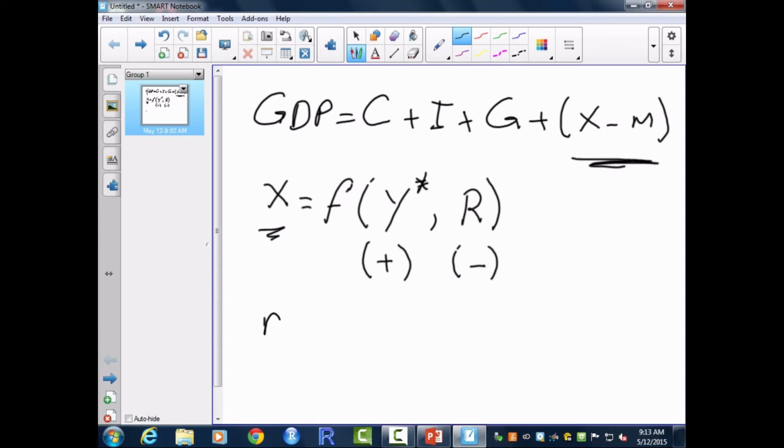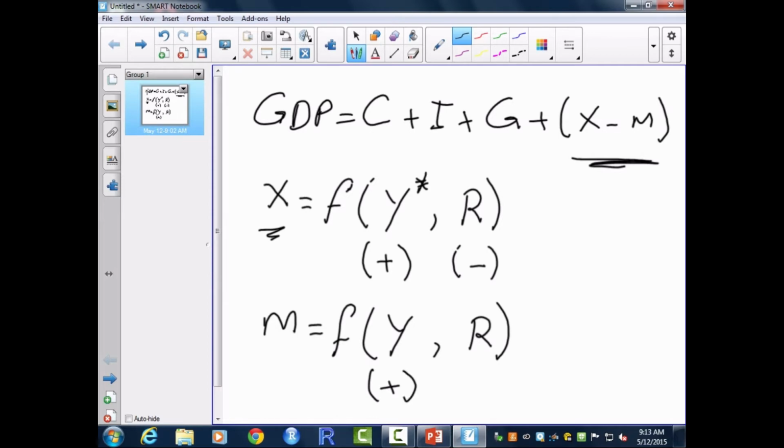On the other hand, our import is a function of our income, Y, and exchange rate. Again, with our income and import, the relationship would be positive.